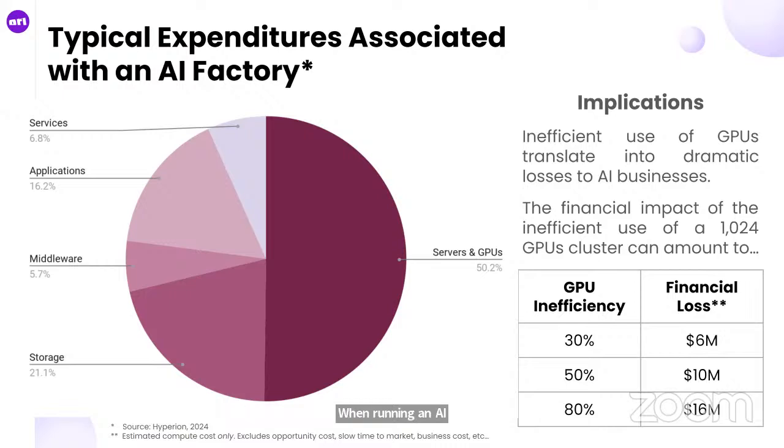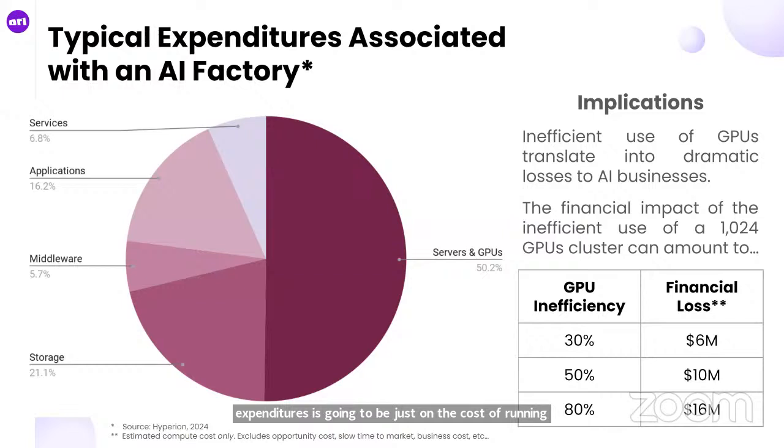And it shouldn't be a surprise that servers, and in particular GPUs, represent the bulk of the spending. And typically, if an end user is purchasing access to GPUs for AI training or AI workloads, about half of their expenditures is going to be just on the cost of running GPUs and energy associated with that.